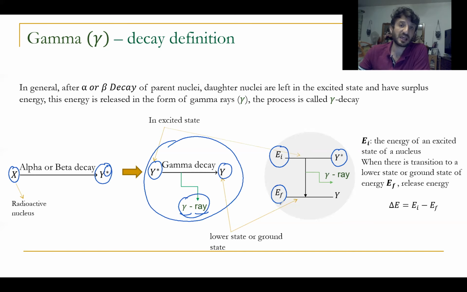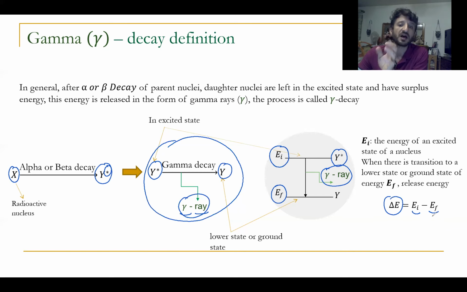I repeat, E_f can be the ground state or any lower level, by emitting a gamma ray. The energy released during the transition from the upper level to the lower level is delta E, equal to E initial minus E final.